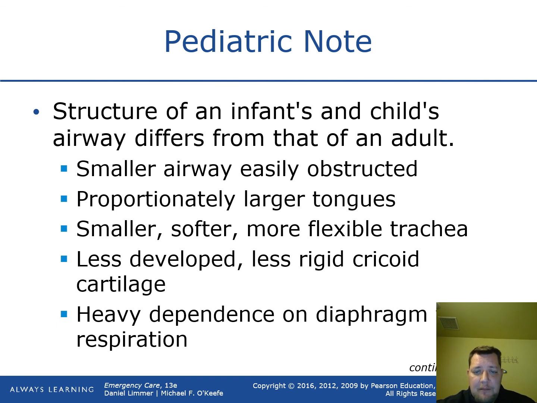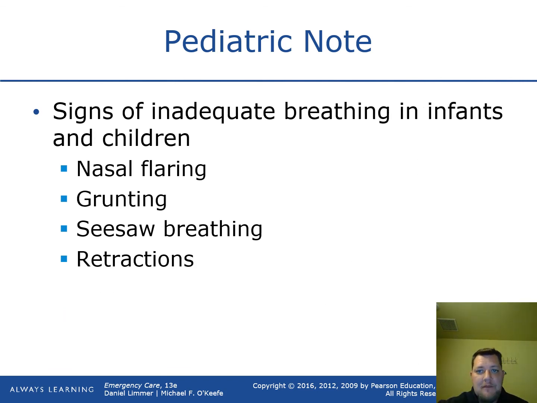They're less developed in their cricoid cartilage, which is that cartilage that runs along the trachea. And then heavy dependence on diaphragm respiration. So signs of inadequate breathing in infants and children, you're looking at nasal flaring, grunting, seesaw breathing, and retractions.